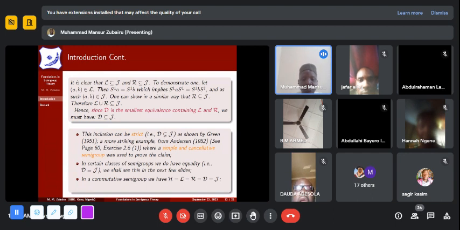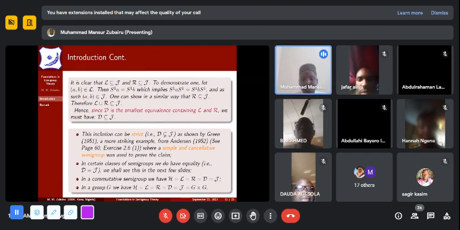And in a commutative semigroup, if a semigroup S is commutative, I'm sure you have discussed a commutative semigroup, these relations H, L, R, D and J coincide, they are equal.